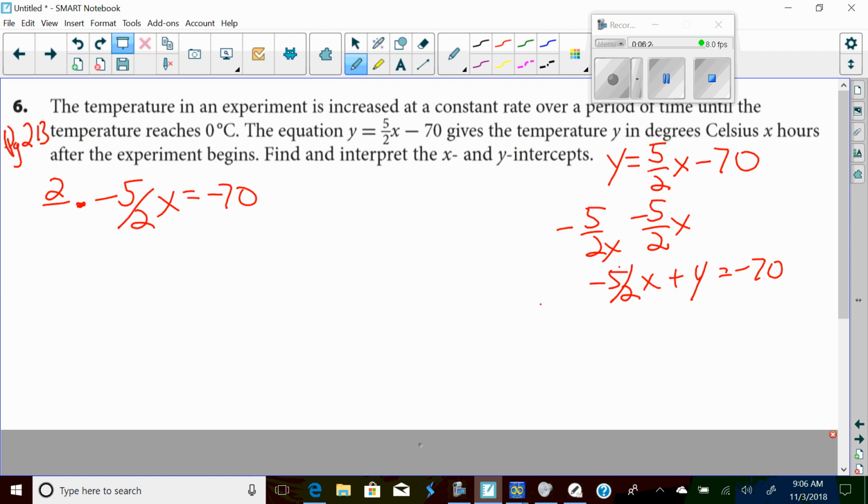So I'm going to multiply by negative 2 over 5 and do that on both sides. Okay, this will cancel out, leaving me with just x is equal to negative 70 times negative 2, which would be positive 140, divided by 5, and x is equal to 28.